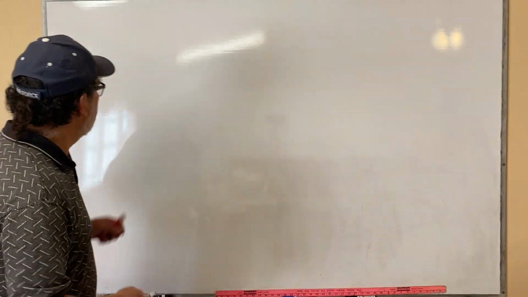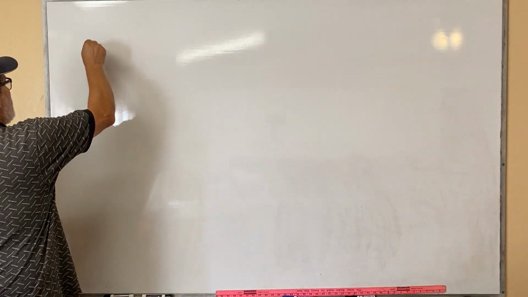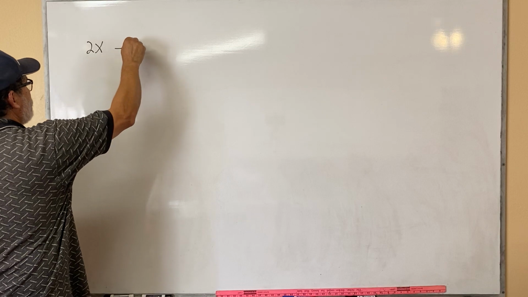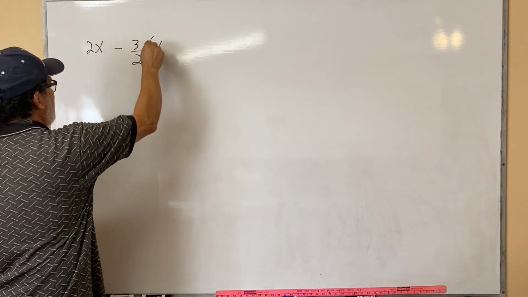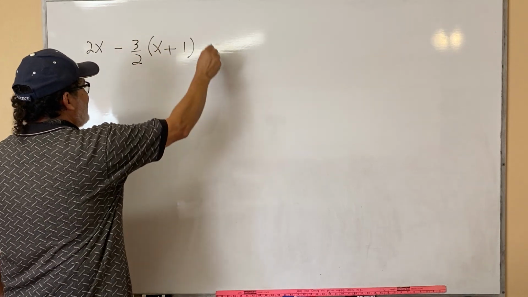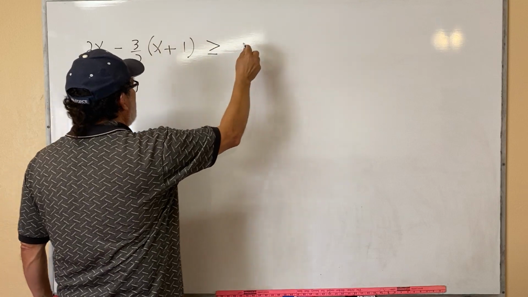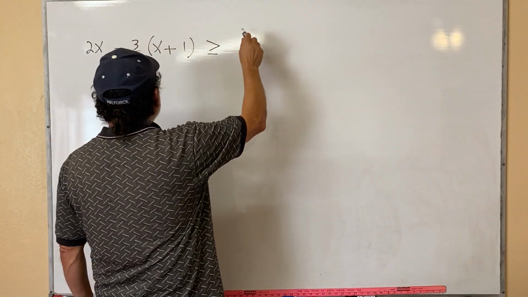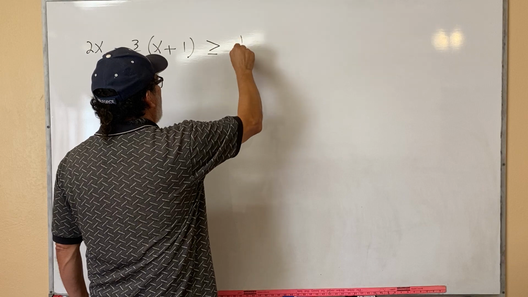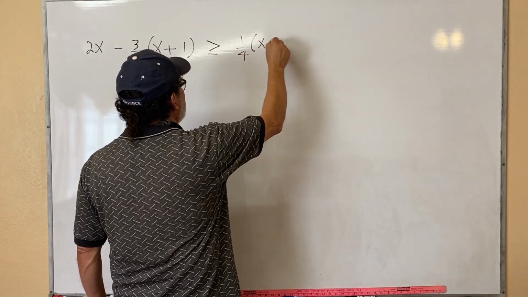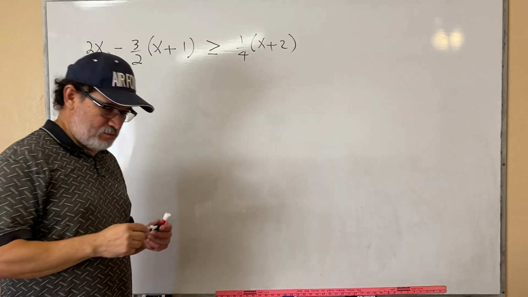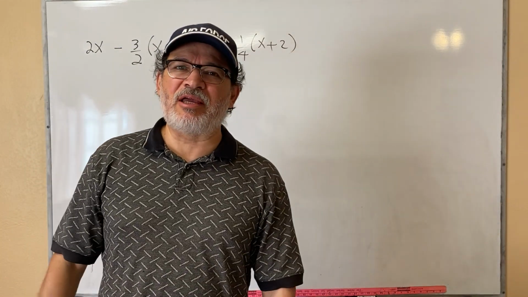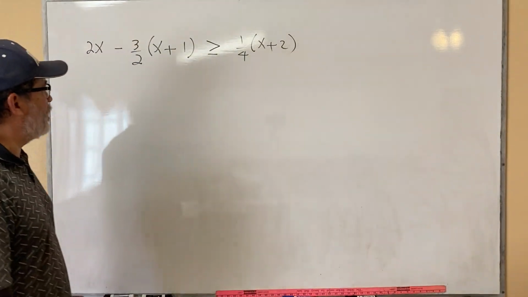I'll just make one up. 2 times x minus 3 over 2 times x plus 1 is greater than or equal to 1/4 times x plus 2. That's a linear inequality. Okay?